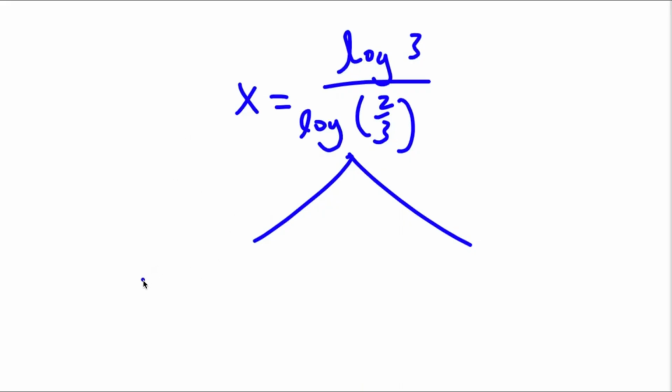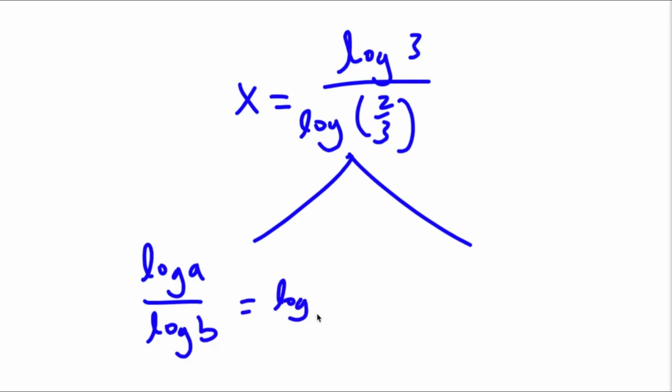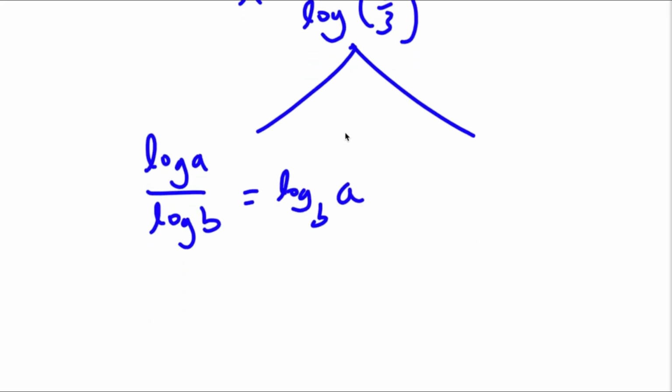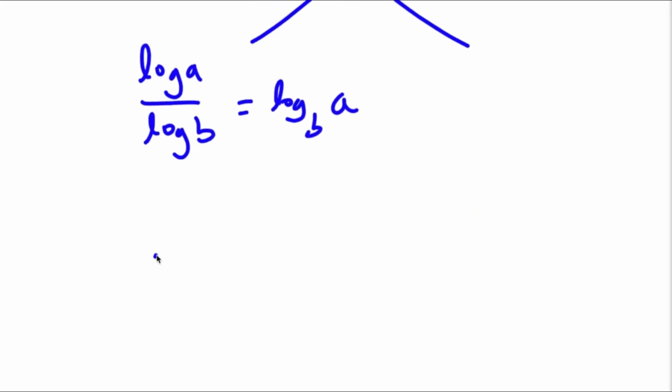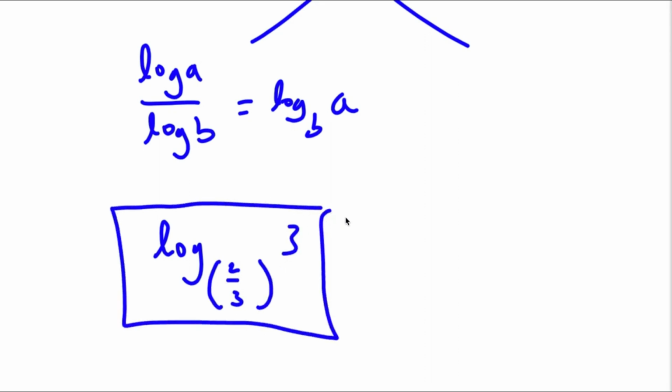First off, if I have something in the form log a over log b, this is going to equal log base b of a. So this would equal log base 2 over 3 of 3.